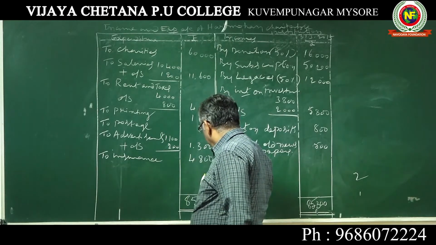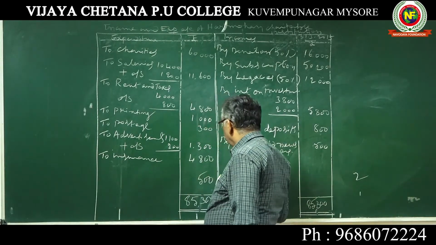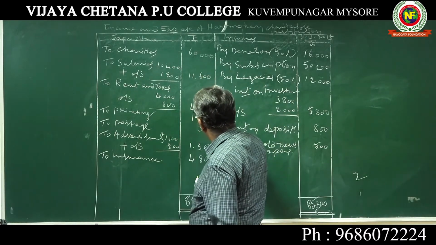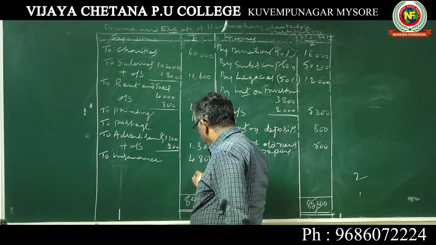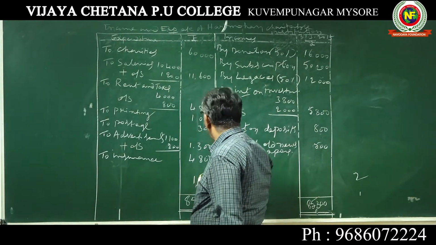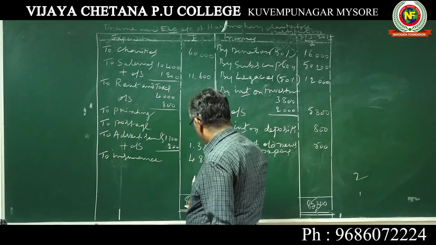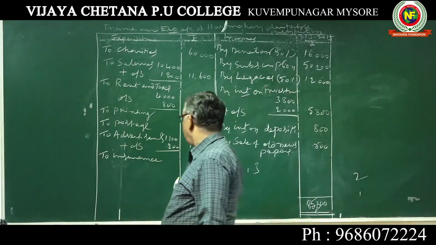28 plus 5, 33. Please carry up. 40 plus 1, 50. And carry up. 6 plus 1, 7, 7 plus 1, 8. So here 1,500 we got as the difference.